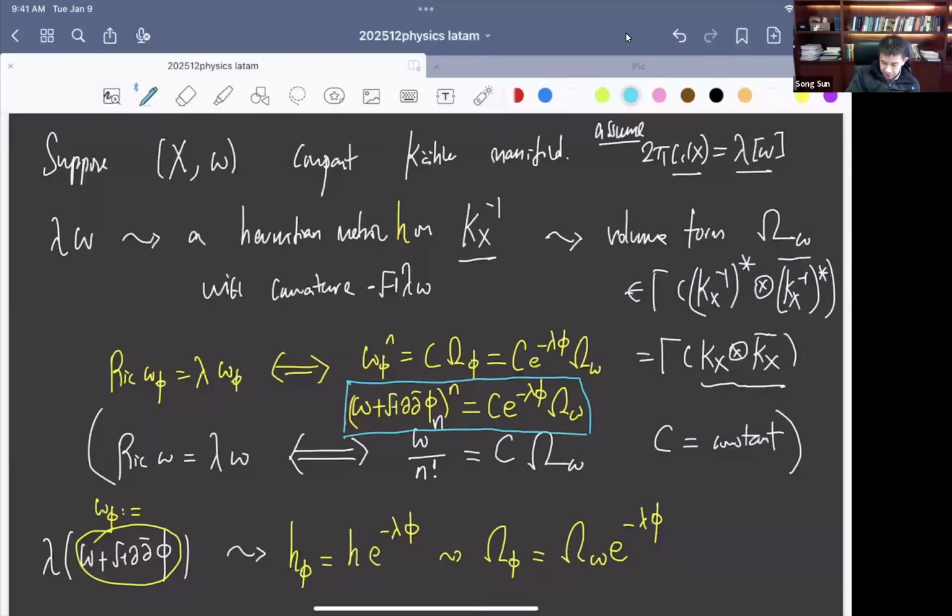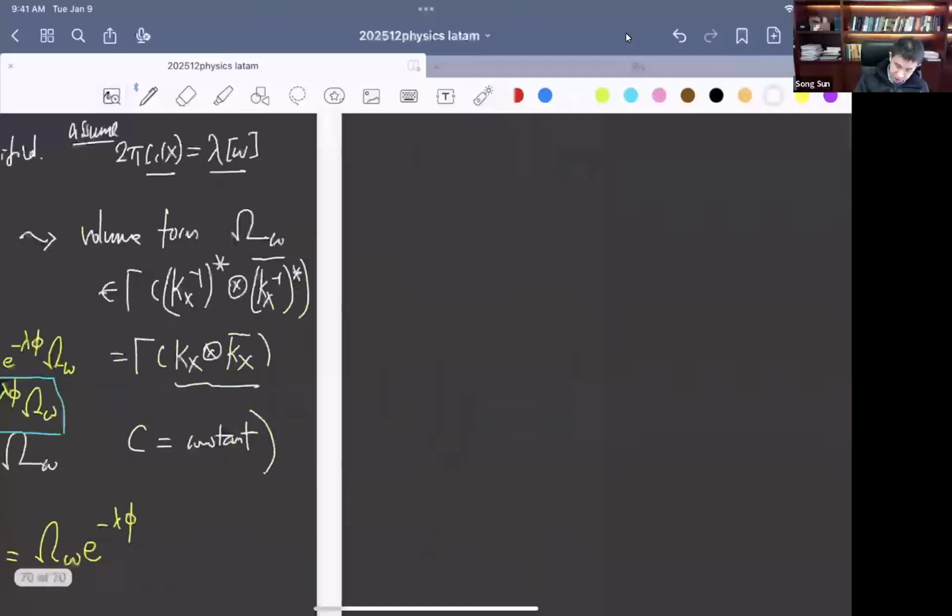On the left-hand side, it involves ∂∂̄φ, so it's a second derivative in phi, and it involves a determinant. On the right-hand side, there's no derivative on phi, but it's very non-linear. It's e to the negative lambda phi. So the Kähler-Einstein equation becomes this, and then the Calabi conjecture can be formulated more precisely.